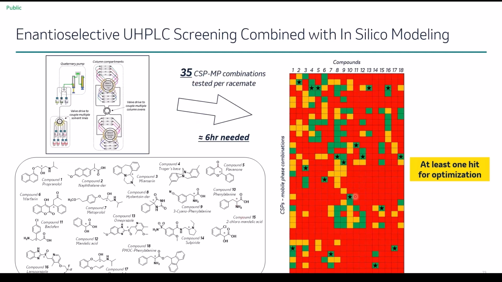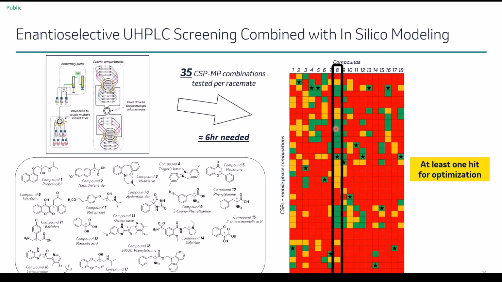And once again, we were able to obtain a scorecard in which we can easily discriminate which conditions work or do not work. The screening platform is particularly useful, especially for chiral separations, as we can have situations, for example for compound 8, where we have several green boxes. Therefore, we have the choice of picking the best combinations, as several conditions seem to provide already a basic separation or something that can be easily optimized.